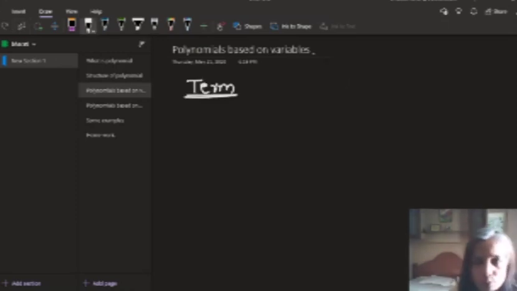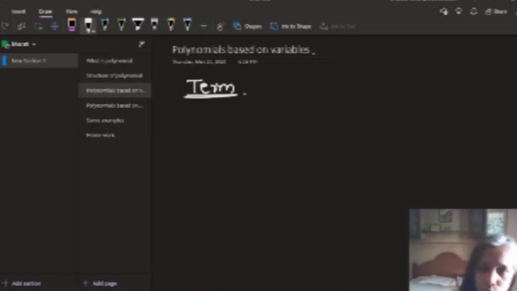Before going to learn that, let me introduce one more word, term. This term is frequently used in polynomials, so we have to understand this word properly. What is a term? A term is a part of the polynomial, the thing which constitutes the polynomial, and a polynomial is made up of one or many terms.